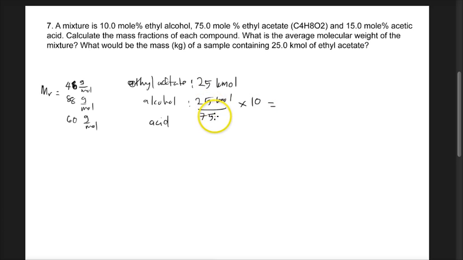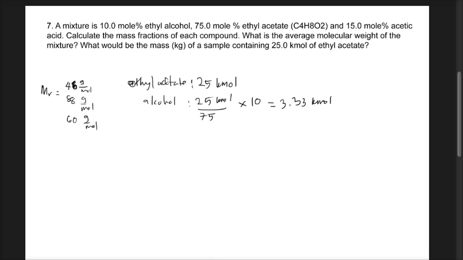So 25 divided by 75 and times 10, and we'll get about 3.33 kilomole of alcohol.